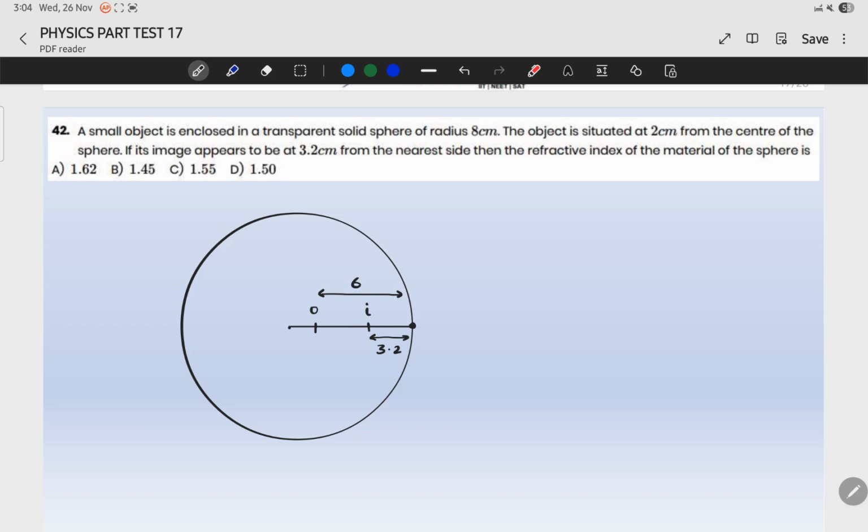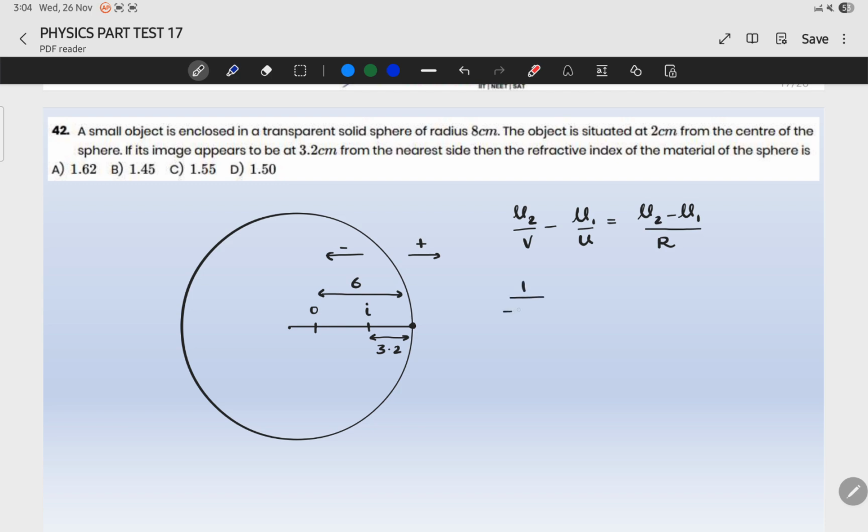So we will use the formula for refraction at a spherical surface, which is mu2 by v minus mu1 by u is equal to mu2 minus mu1 by R. Mu2 is the final medium here, which is 1. We take this side as negative, this side as positive.